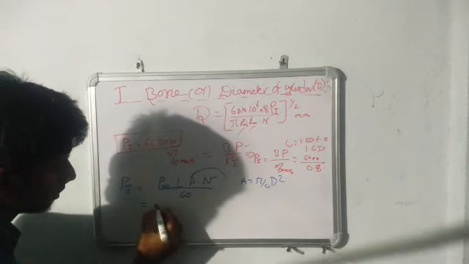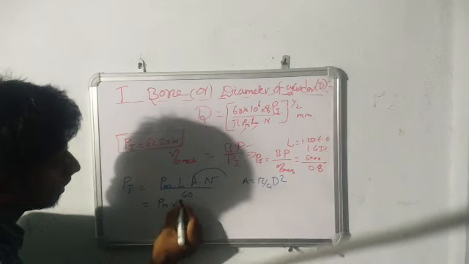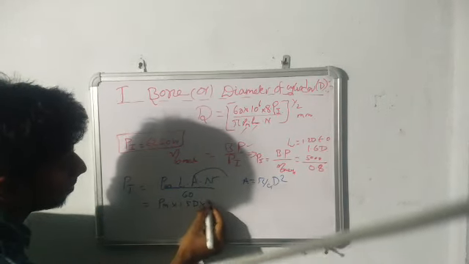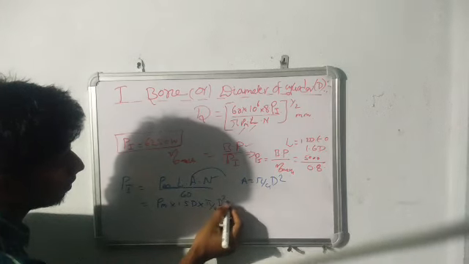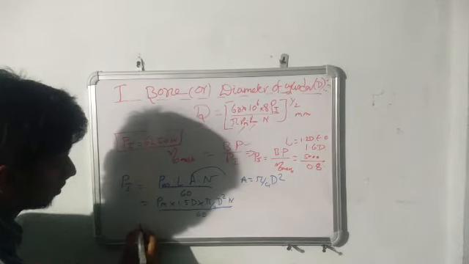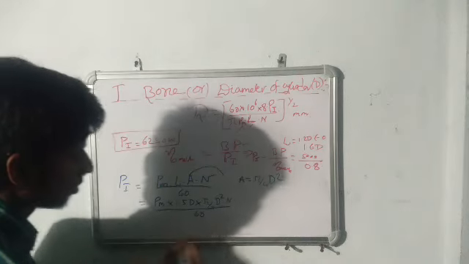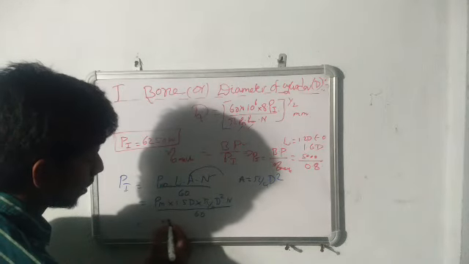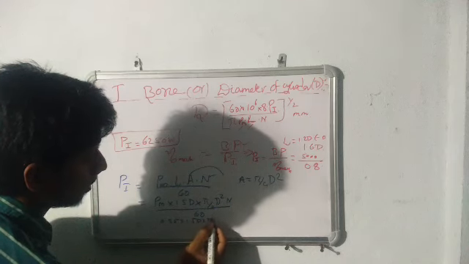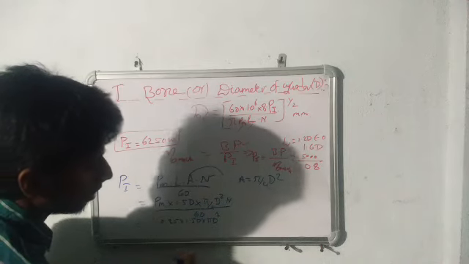So P_m into L, where I am considering 1.5 times d, into the area π by 4 d squared, into N divided by 60. Substitute these values: P_m is 0.35 into 1.5 d into π d squared, and write the 4 in the bottom.